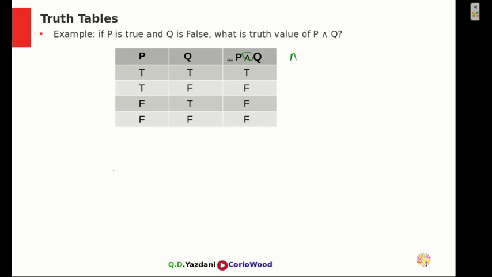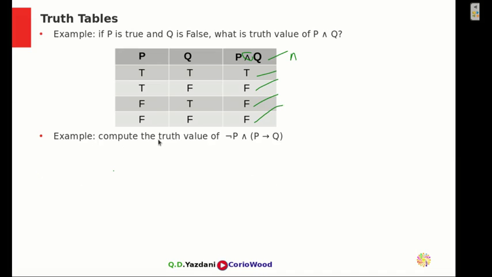If you look in here, true and true becomes true, true and false becomes false, false and true becomes false, and false and false becomes false. I think we've seen that one before. Keep in mind it's "and", it's not "or".